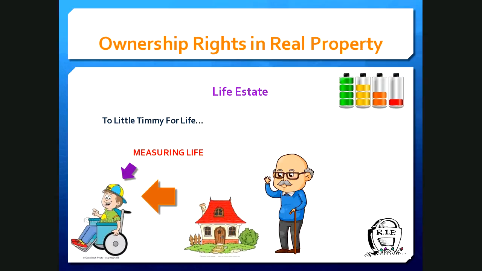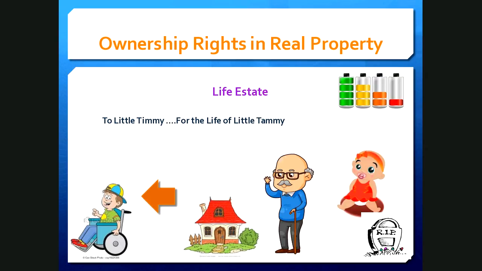But a life estate doesn't always have to be for the life of the grantee. So this says to little Timmy for life. We could just say to little Timmy for the life of little Tammy.